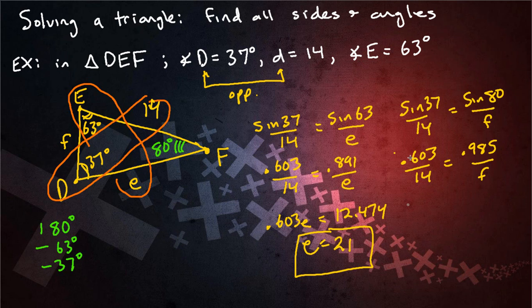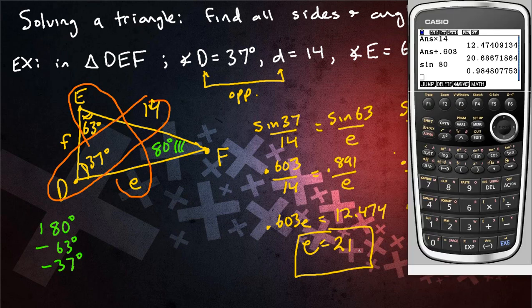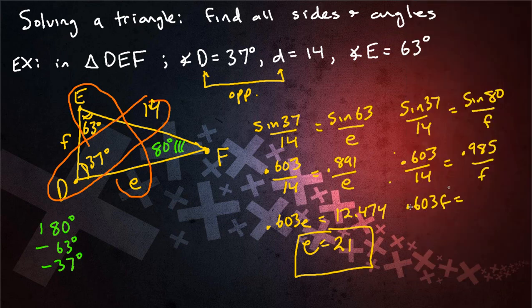And I'll cross multiply. So I have 0.603f equals, and now I'll cross multiply right here and get times 14. So 13.787. And I'll divide by 0.603.